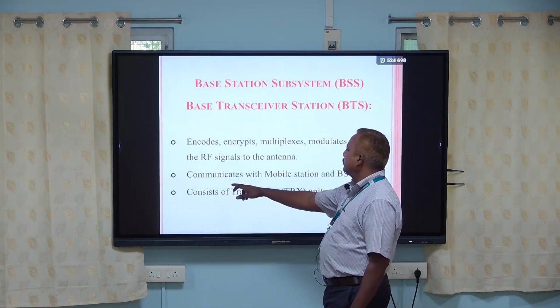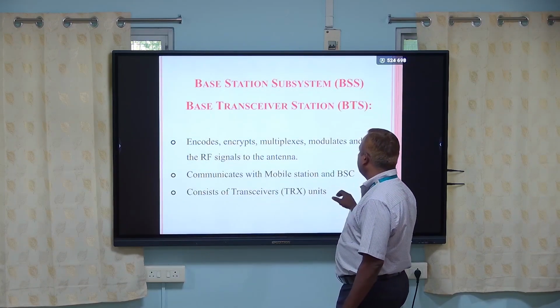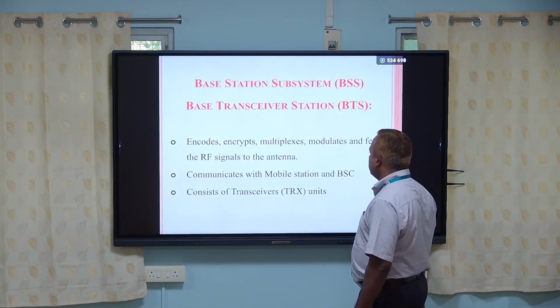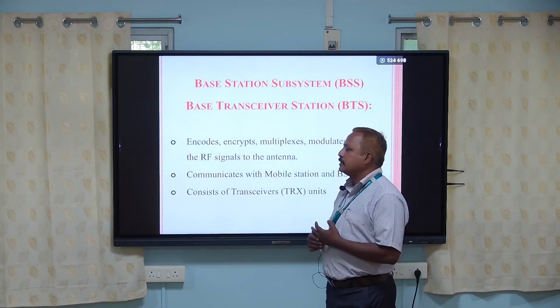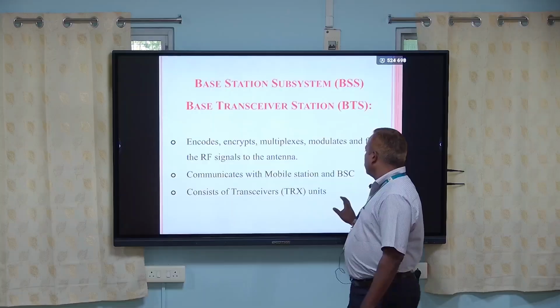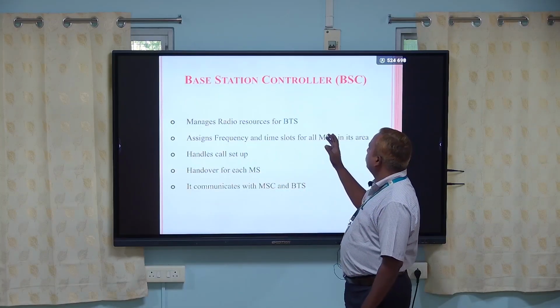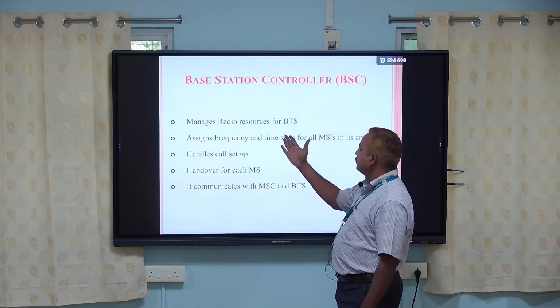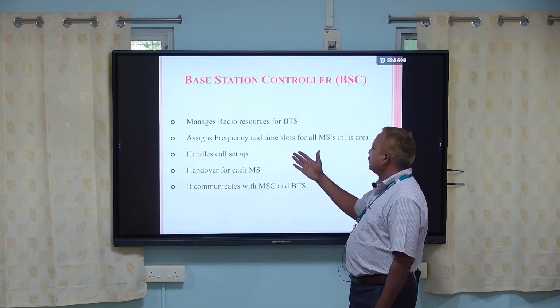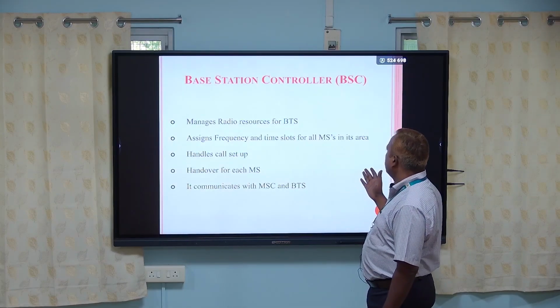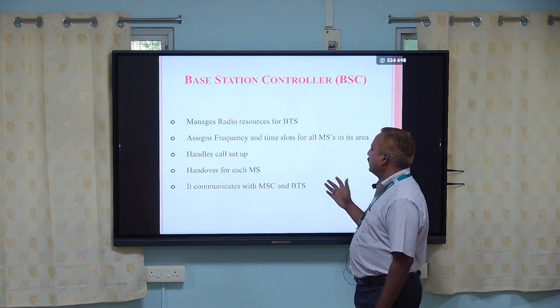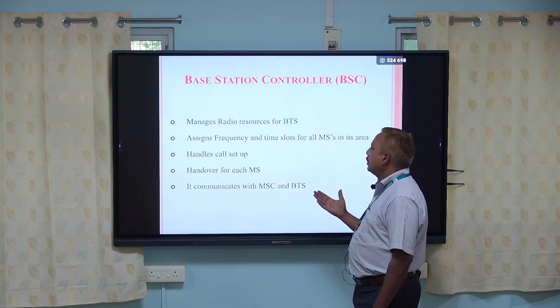For that it is used to communicate with the mobile station, and the BSC consists of the transceiver, that is transmission and receiver both combined. The base station controller manages the radio resources from the BTS, assigns frequency and time slots for all MS in its area, and handles call setup.